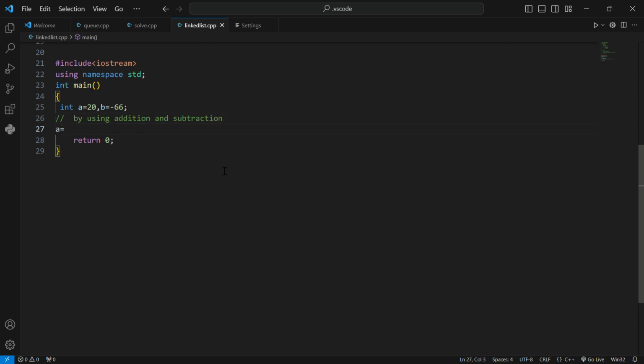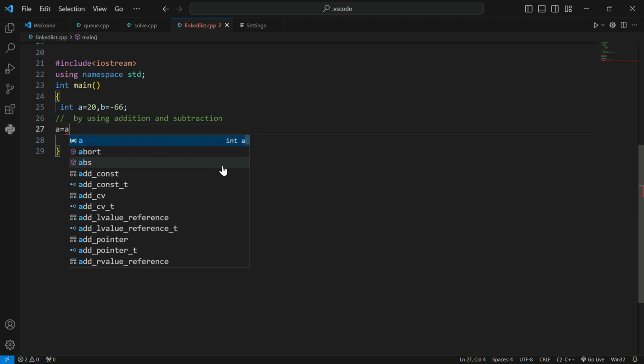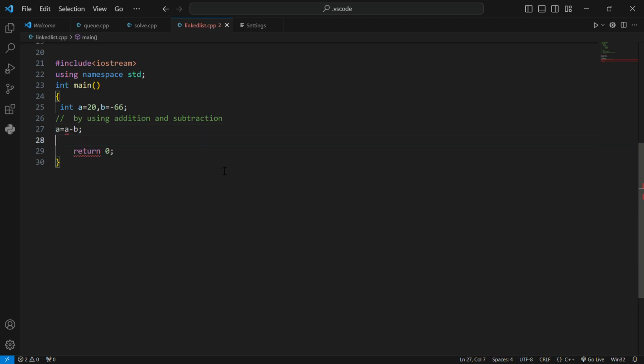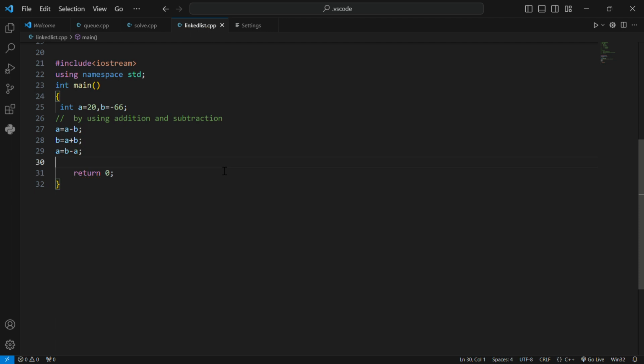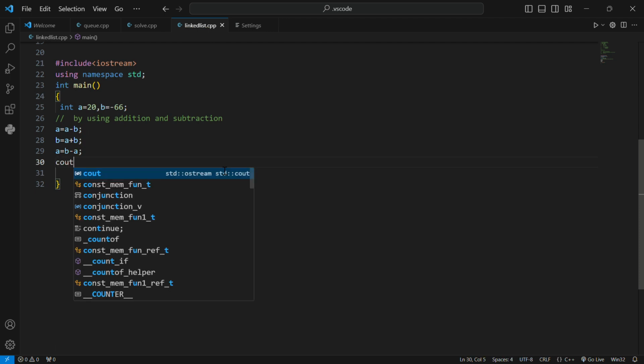So a is equal to a minus b, b is equal to a plus b, again a is equal to b minus a. Now we'll print the value of a and b.